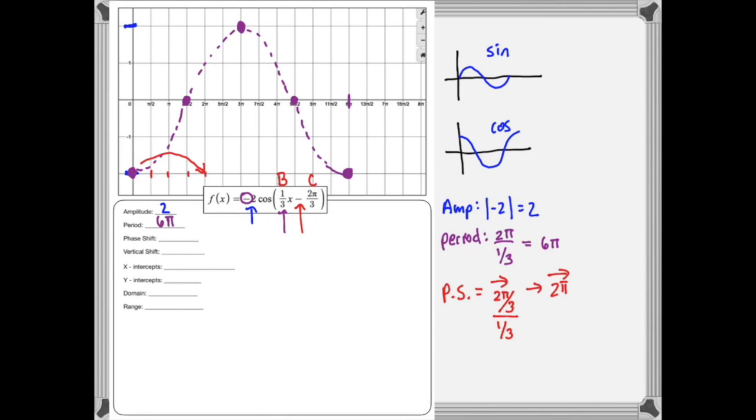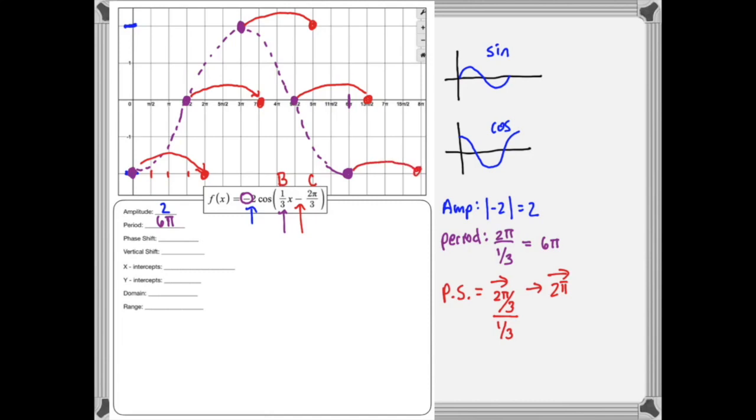So I'm just going to count 4. So 1, 2, 3, 4. So that's going to end up right there. Okay. So 1, 2, 3, 4, and that's going to end up right there. And likewise, 2, 3, 4, and 1, 2, 3, 4.